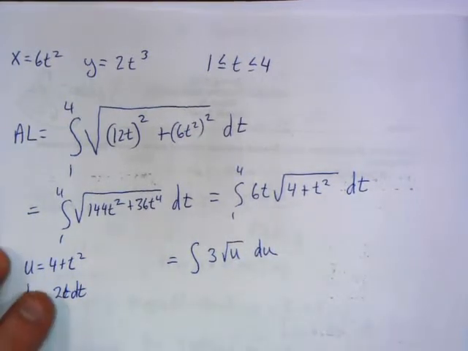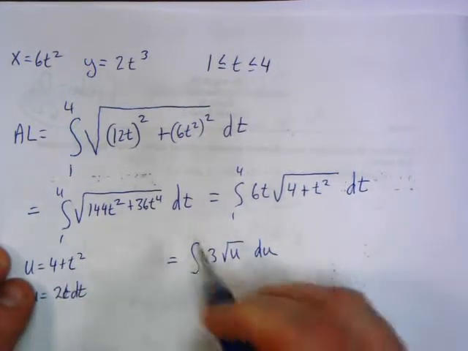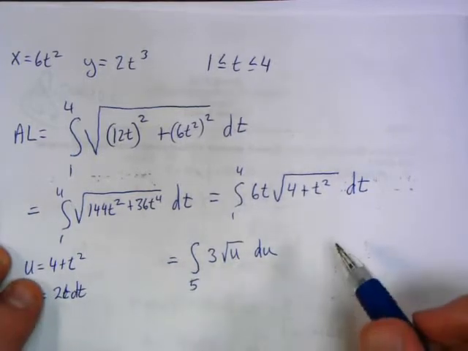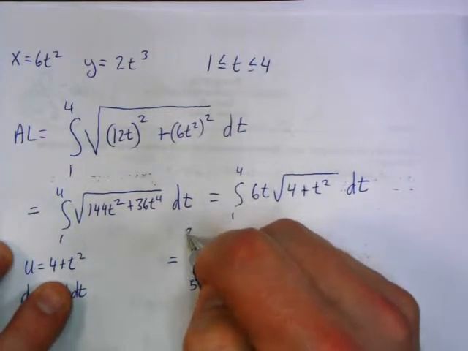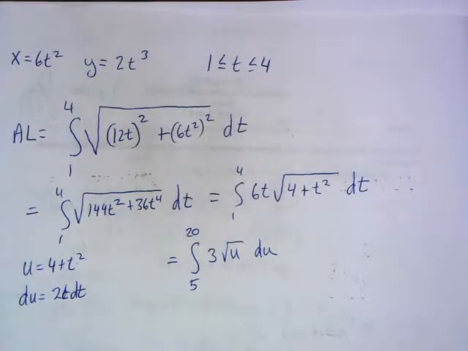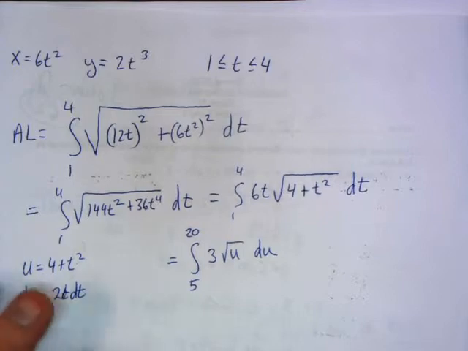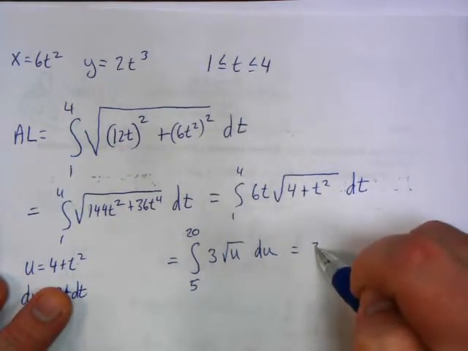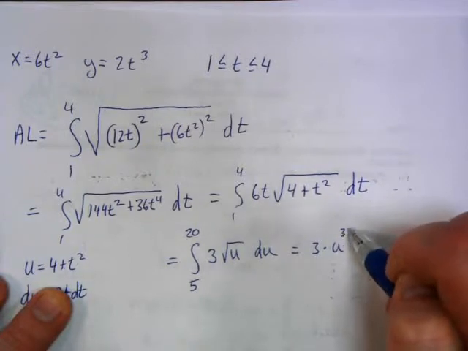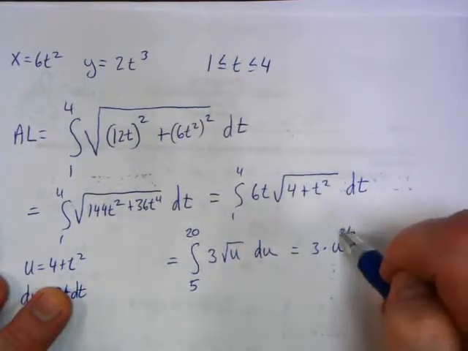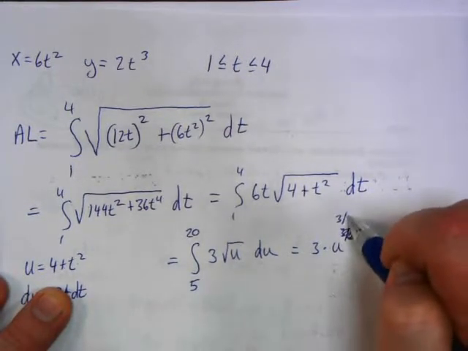And then my numbers would change. That would be 4 plus 1, that's 5. And that would be 4 plus 16, that's 20. I integrate. That's 3 times u to the 3 halves. I said 3 halves and wrote 3 thirds.